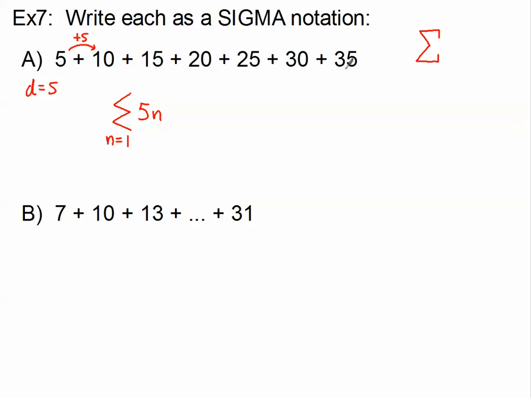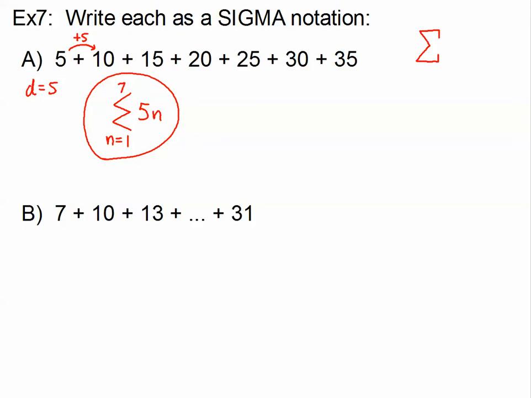Well, you can either see that it's 35 and realize that that would be 7, or you could just count your terms. 1, 2, 3, 4, 5, 6, 7. If you start with 1, then you would end with a 7. And we just did it. That is a sigma notation that expresses that sum.